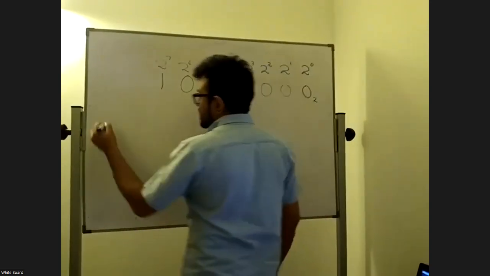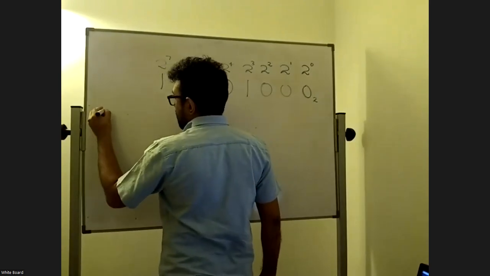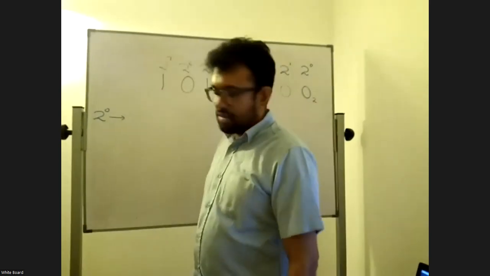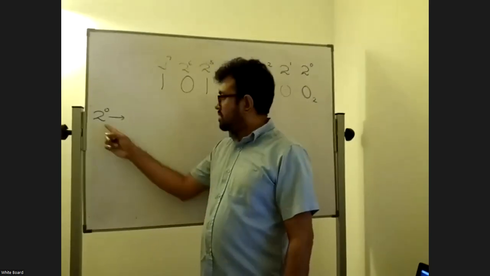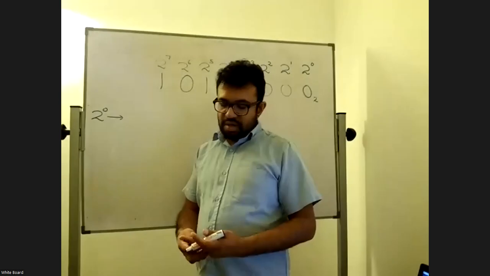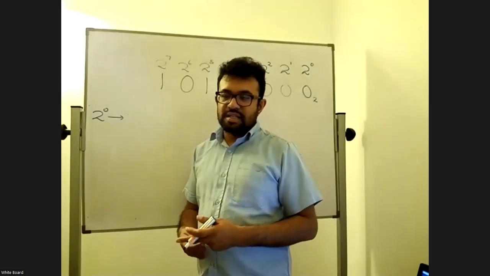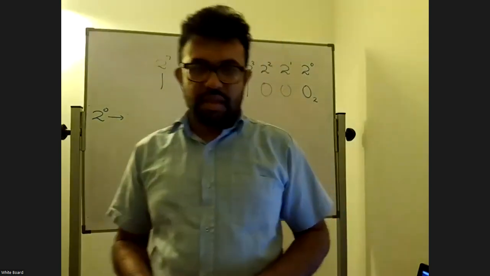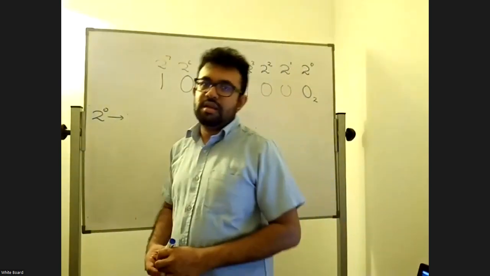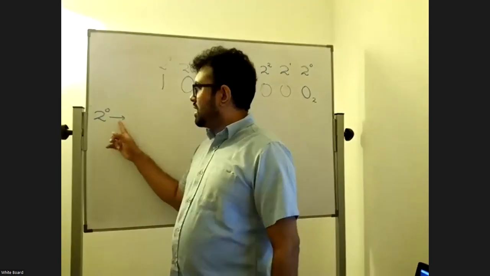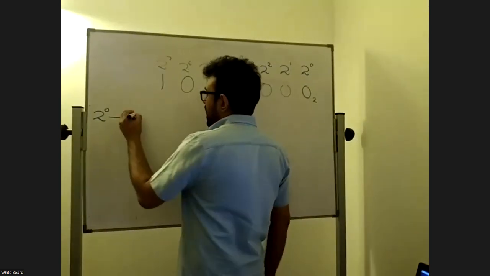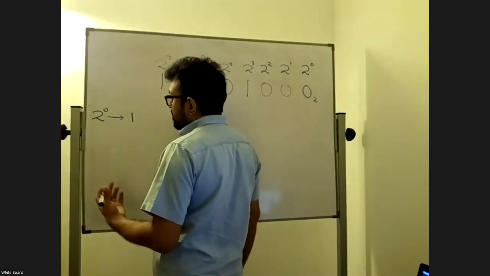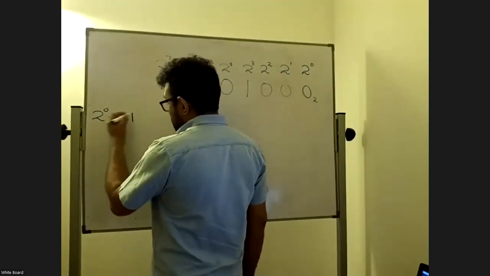Now, if you take these place values, what is the value of 2 to the power 0? I actually gave these things last time. Can you look at the note and tell me? 1. Good. Any number to the power 0 is going to be 1.